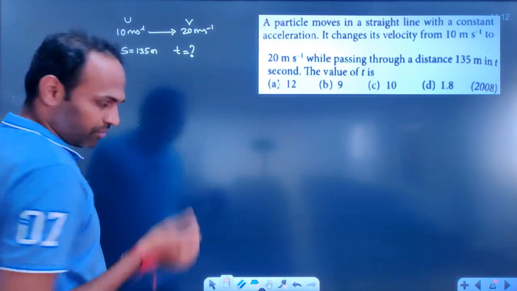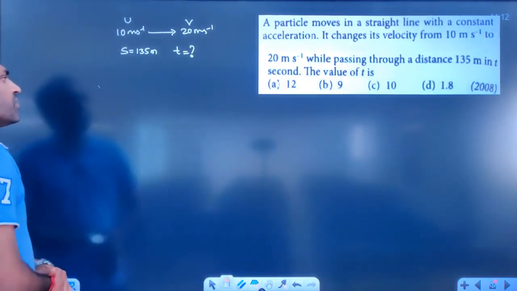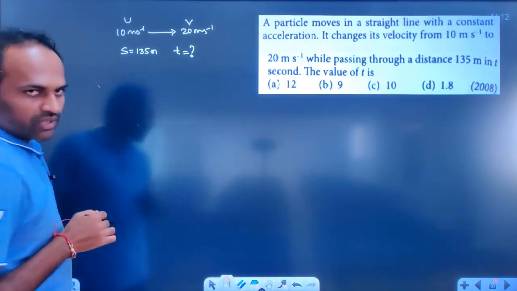Now time can be calculated. Acceleration is constant. Okay, see, we cannot use S equal to ut plus half at square here, because we don't know time, right?